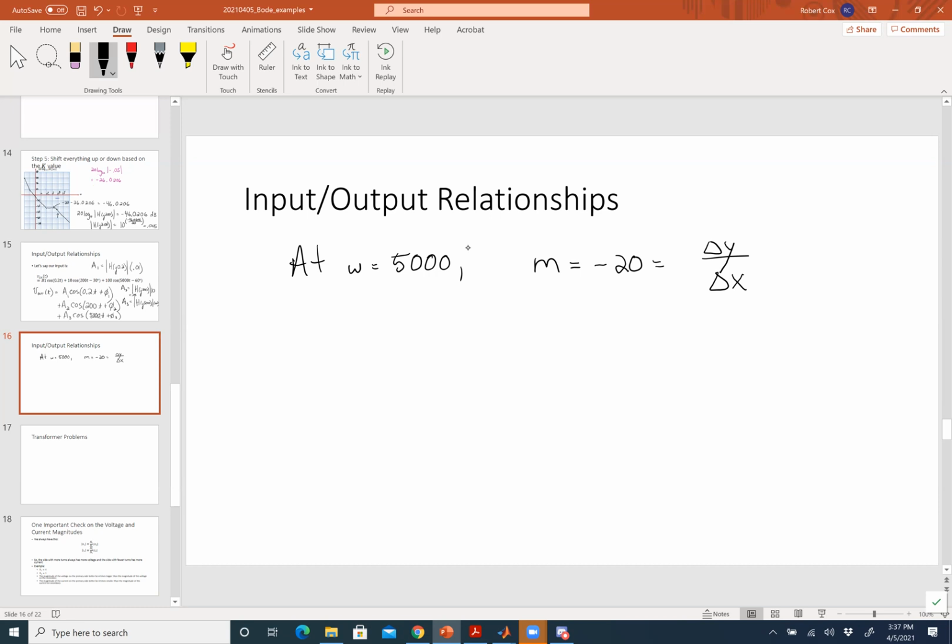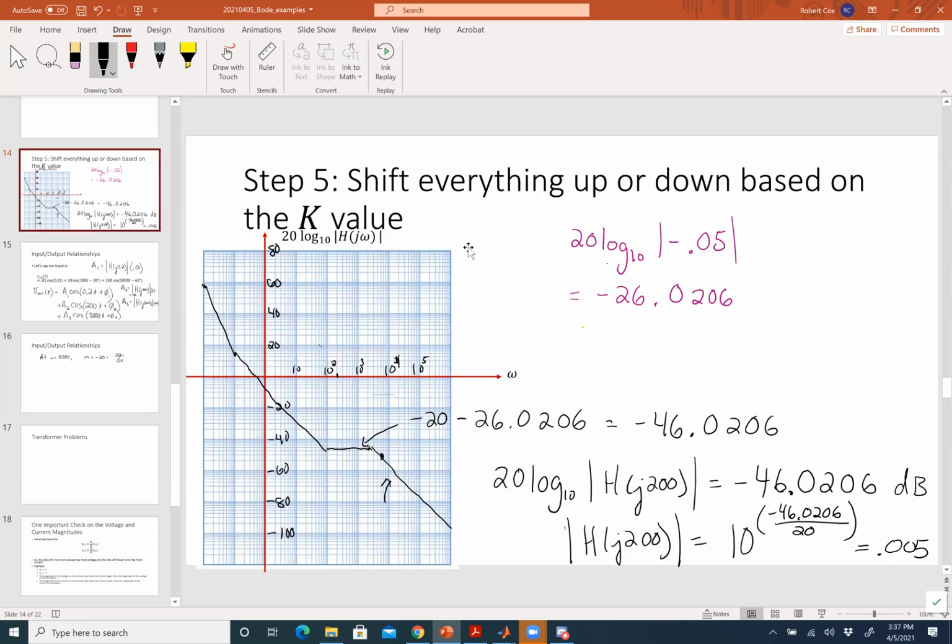If I want to figure out what's the run there, what's my x-axis maneuver? I know the value at 2000, where it starts to fall, is negative 46.0206. What I want to know is how much drop I got between 2000 and 5000.